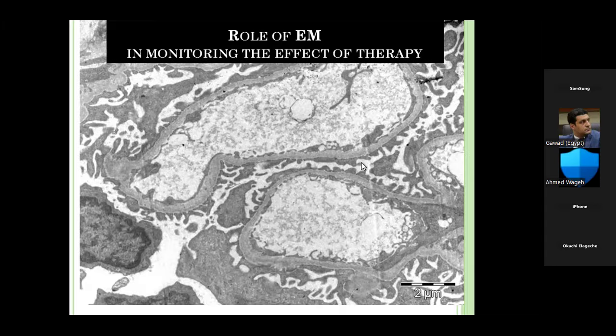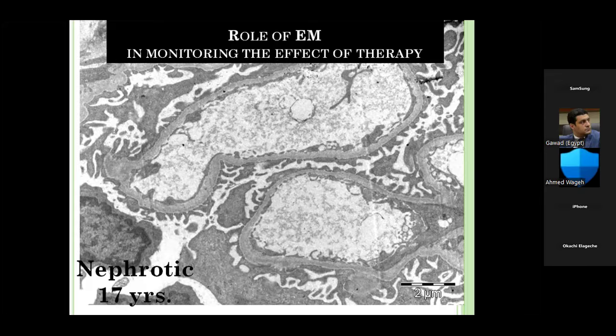So steroids affect this cytoskeleton, and this issue needs to be studied more to learn about the effect of steroids in these cases, and what is the proper dose to use in primary focal segmental, secondary focal segmental, or genetic focal segmental glomerulosclerosis.